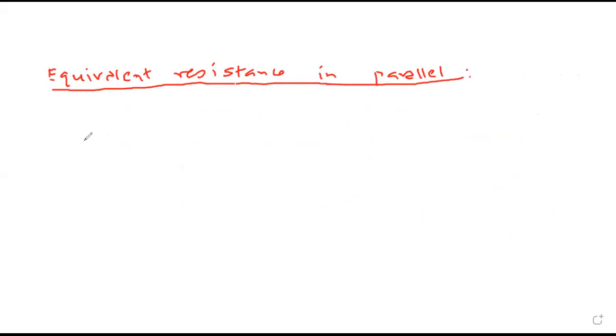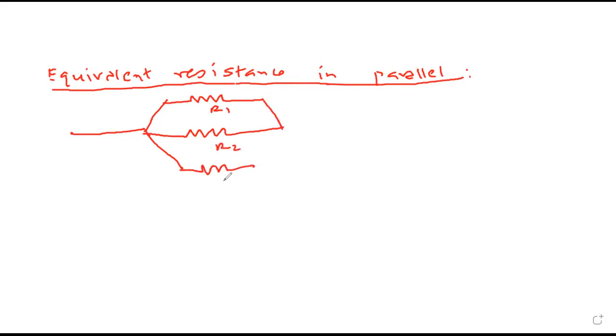Parallel means potential is same but current will get divided. So suppose we connect 3 resistors again, R1, R2, R3.